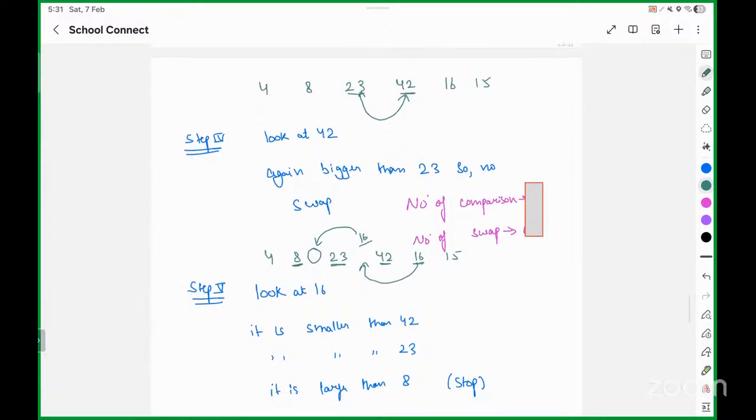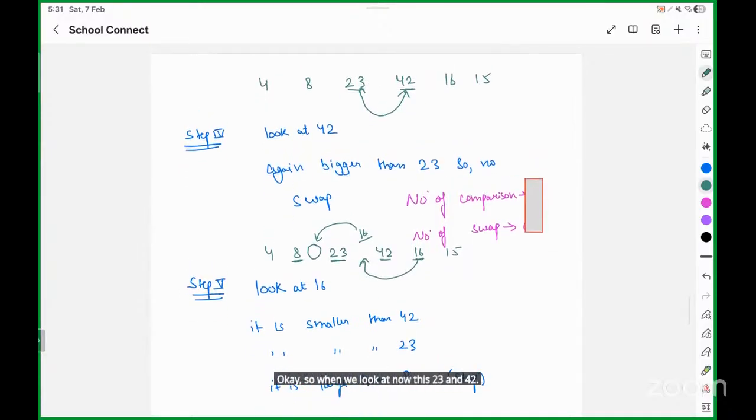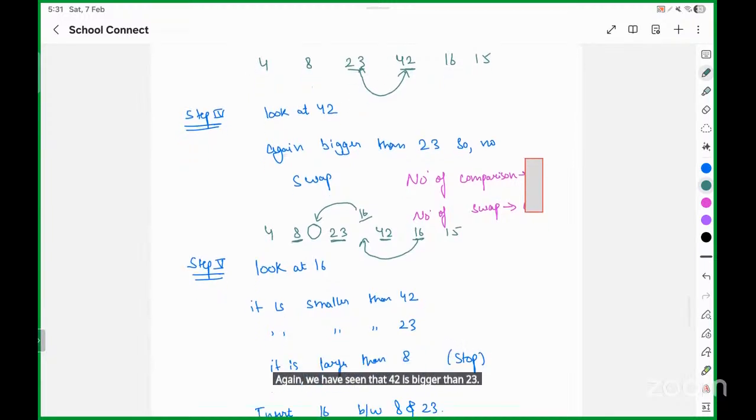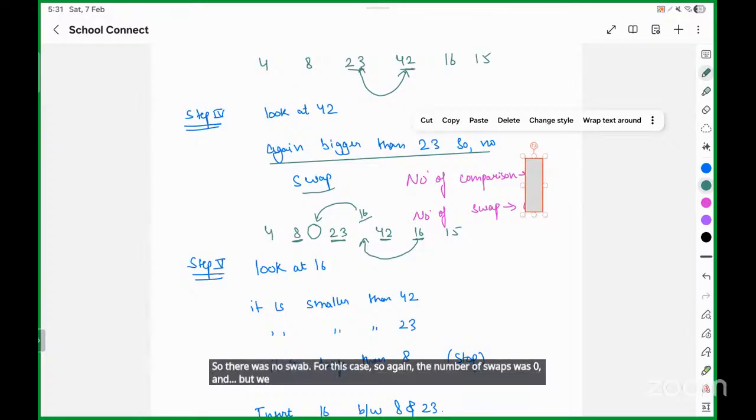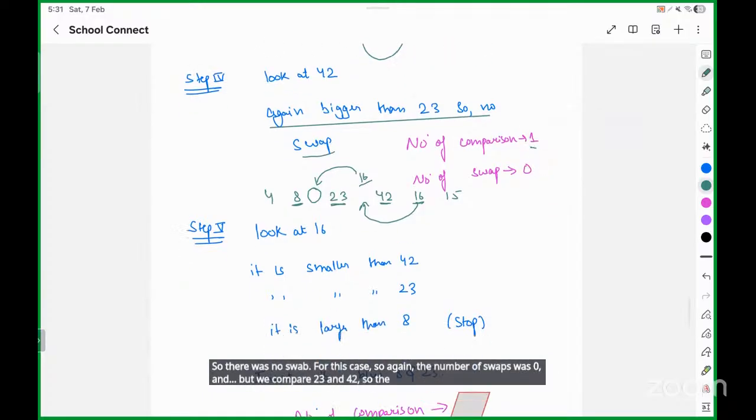Okay. So when we look at 23 and 42, again, we have seen that 42 is bigger than 23. So there was no swap for this case. Again, the number of swaps was 0, but we compared 23 and 42, so the number of comparisons is 1.